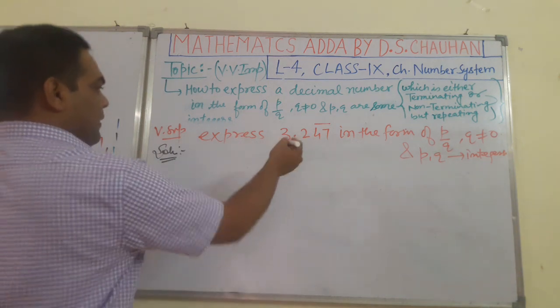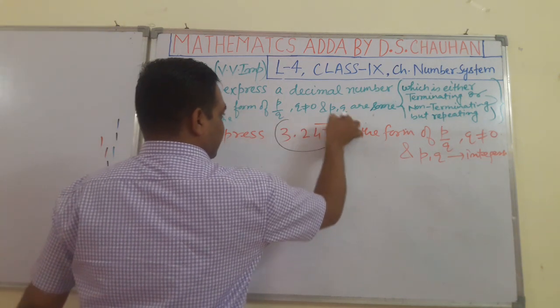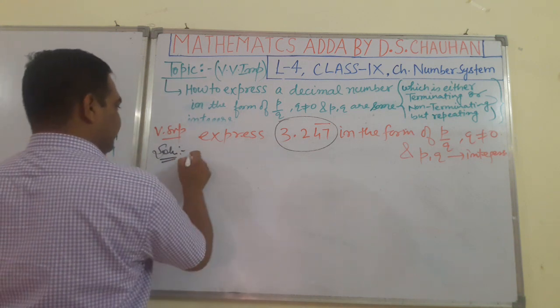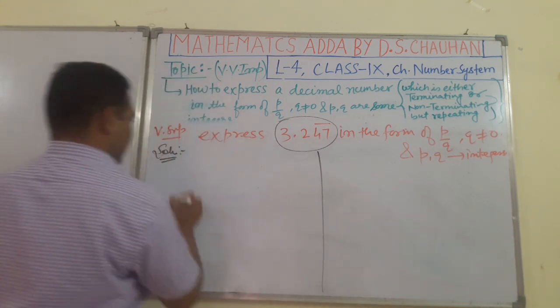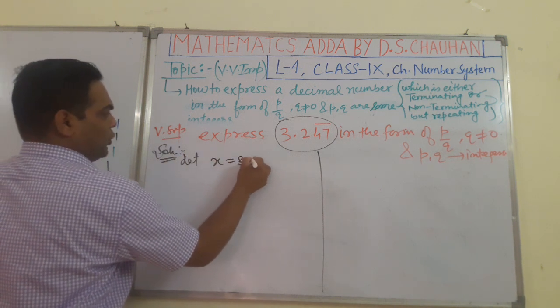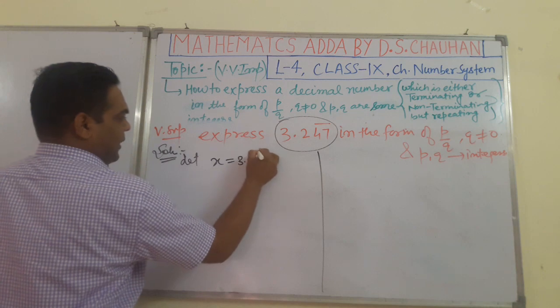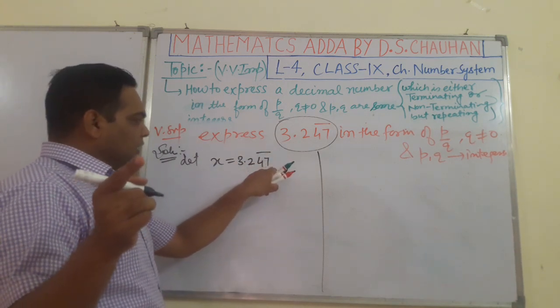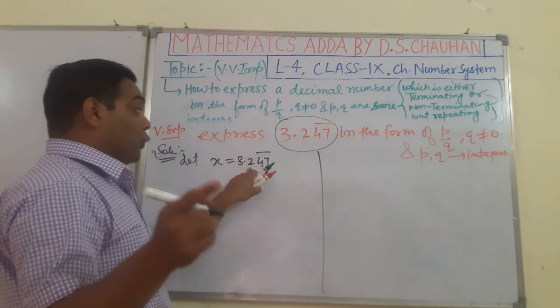Here the number is given in decimal form, so let x equal to 3.247 bar. The bar is present only on the digits 4 and 7, not on 2.